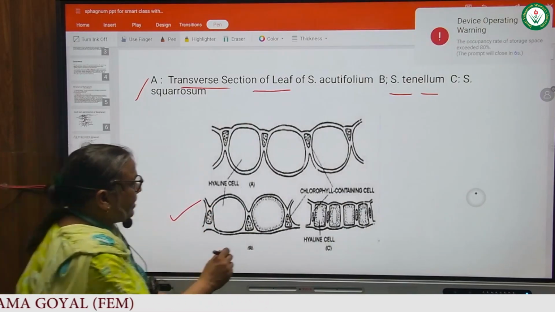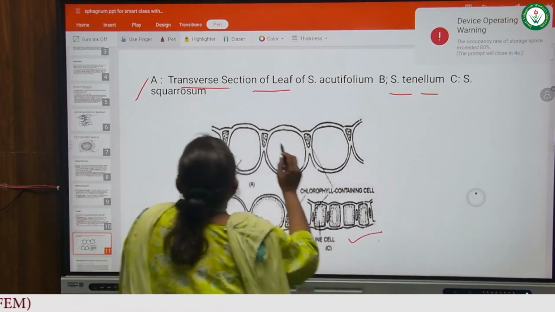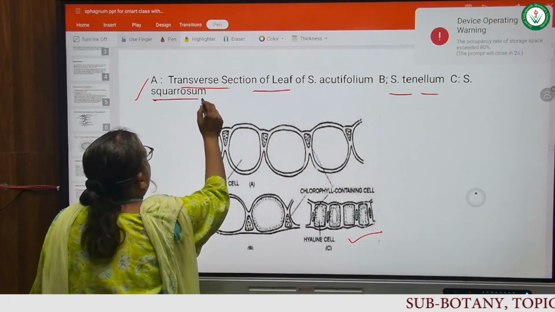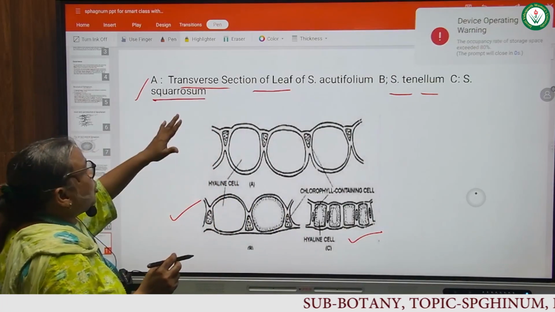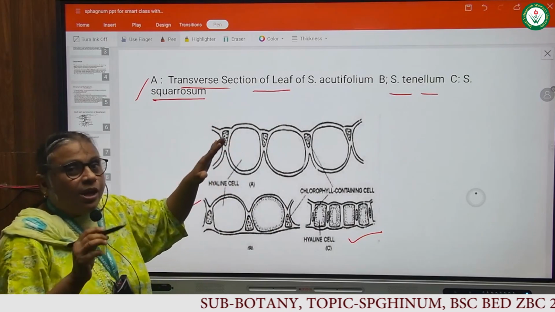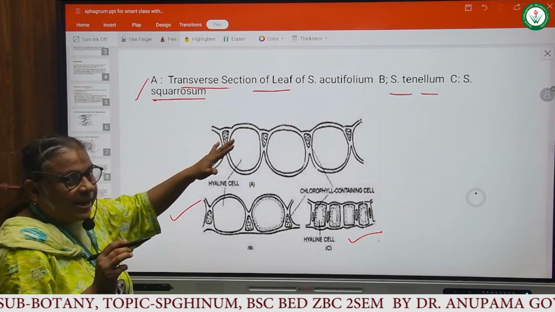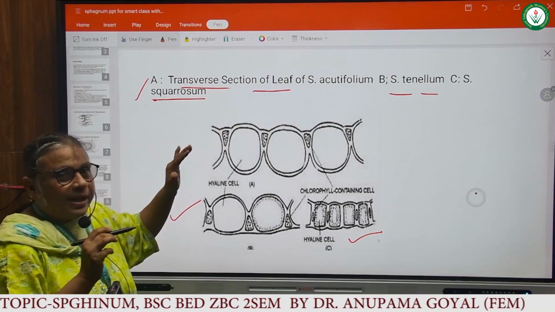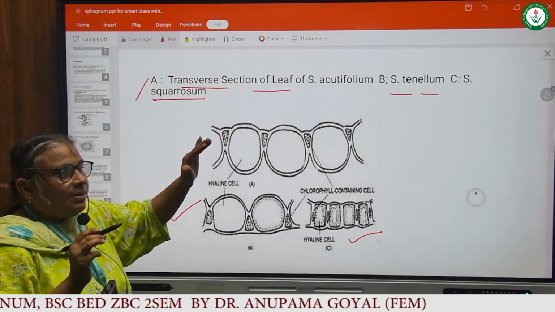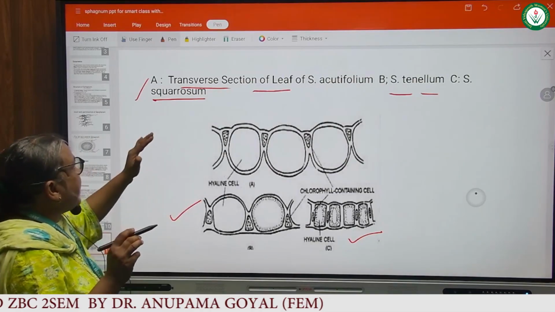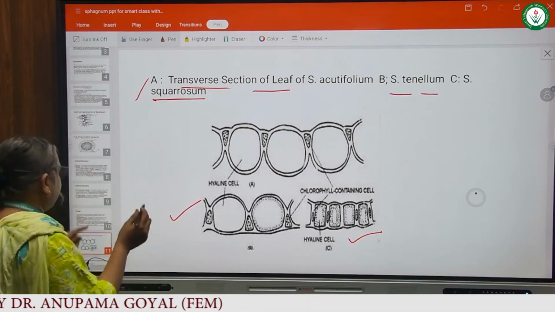And C, this part, shows the leaf of Sphagnum squarrosum. So in this diagram, you are seeing the transverse section of the leaf of Sphagnum acutifolium in diagram A, Sphagnum tenellum in diagram B, and Sphagnum squarrosum in diagram C.